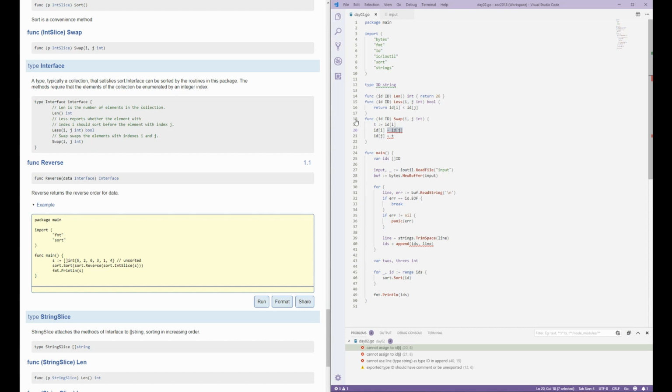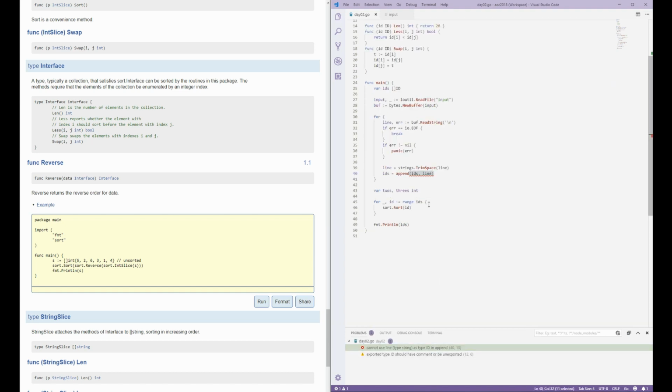Can't you assign into, do I need to do bool? Then convert this, I don't know, can you convert that to bool? Is that a thing?